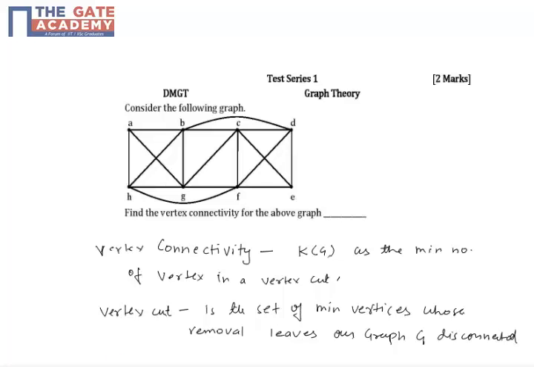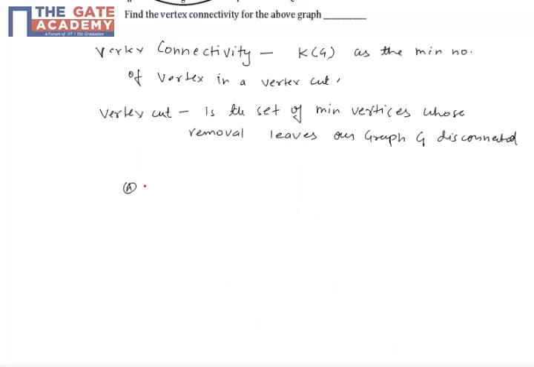Okay, so how do we remove the vertices from any graph? Let's say we have this graph with vertices A, B, C, D, and E. Now we have to find the vertex cut of this graph, so we have to find the minimum number of vertices whose removal will leave this graph disconnected.